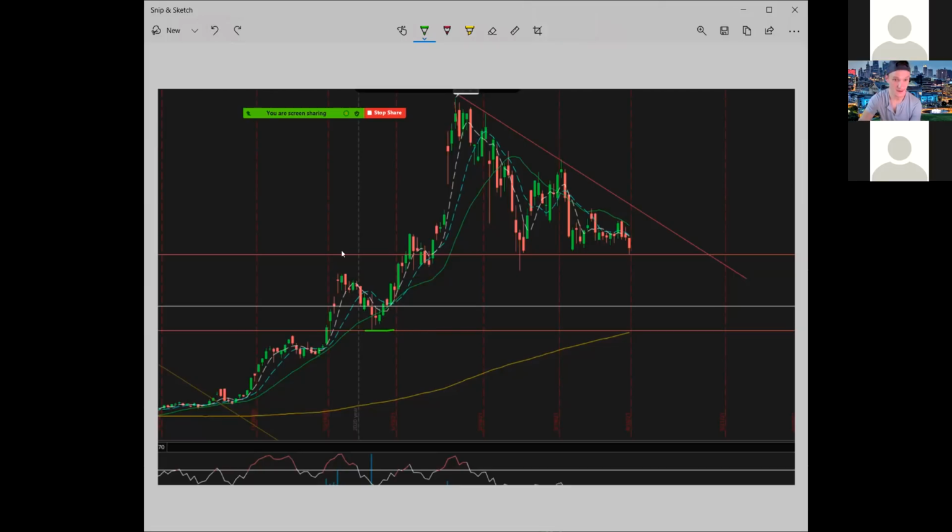If I take off that arrow, and if I were to sell right here, and this is my support, this is my exit, that means I'm risking 1 to make 1. That is not a good risk to reward ratio, okay? You have to give this trade some room for your risk to reward ratio to make sense.